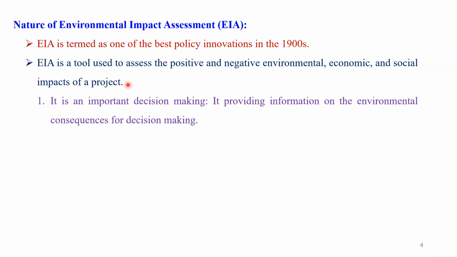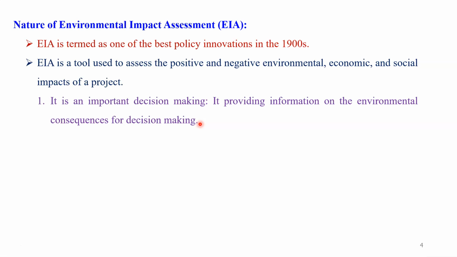Let us see the nature of environmental impact assessment with the help of a few points. The first point is, it is an important decision making tool. It provides information on the environmental consequences for the decision making. So dear students, this is very important.